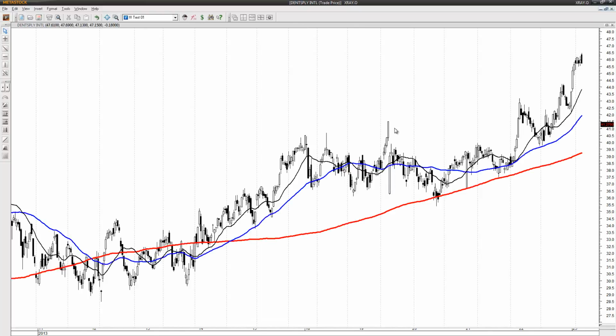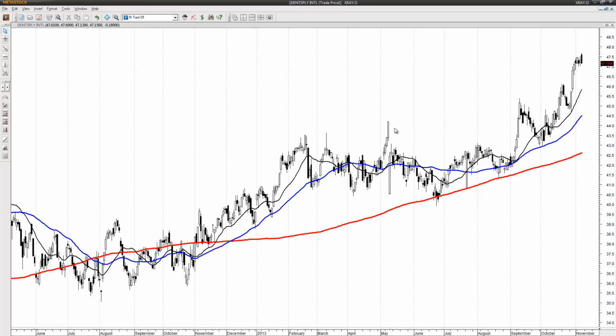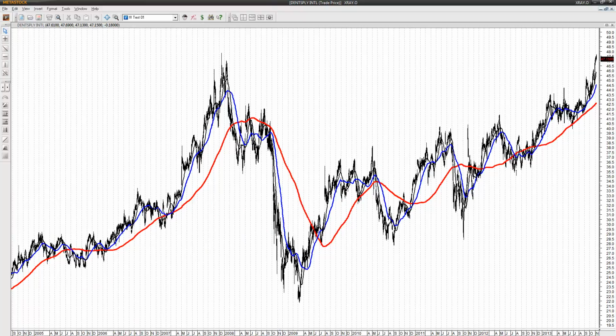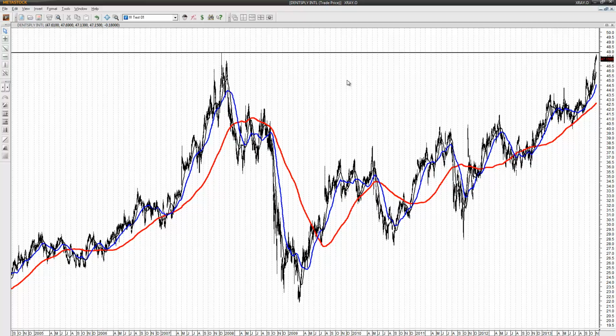Next chart, X-ray. We got a peak back in 2007, and you will have the exact level at 47.84.